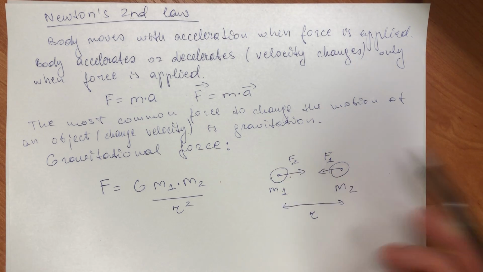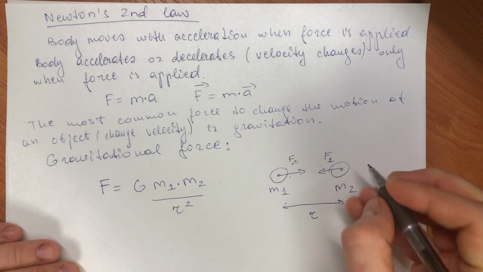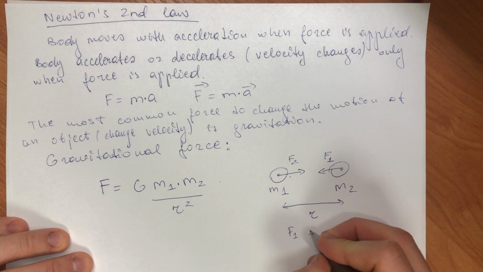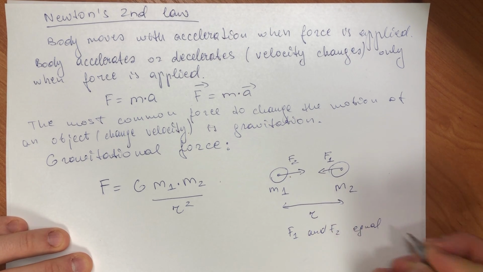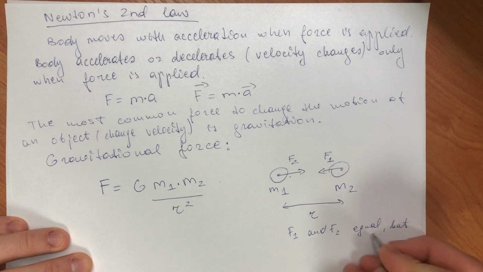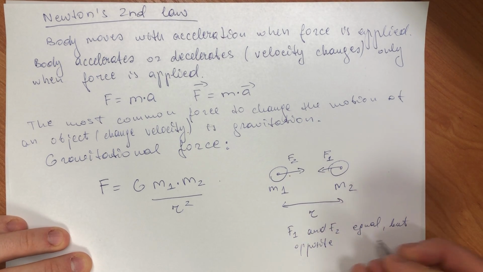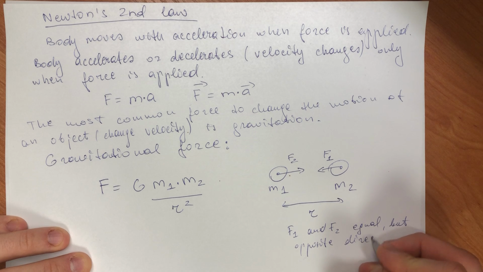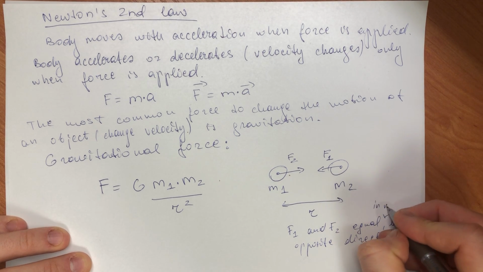So two masses are attracting each other with an equal force but in opposite direction. F1 and F2 are equal in magnitude but opposite in direction. Equal in magnitude, let's write.